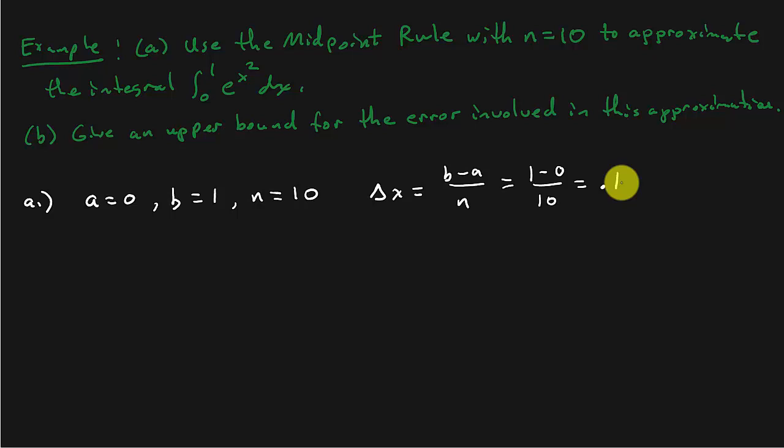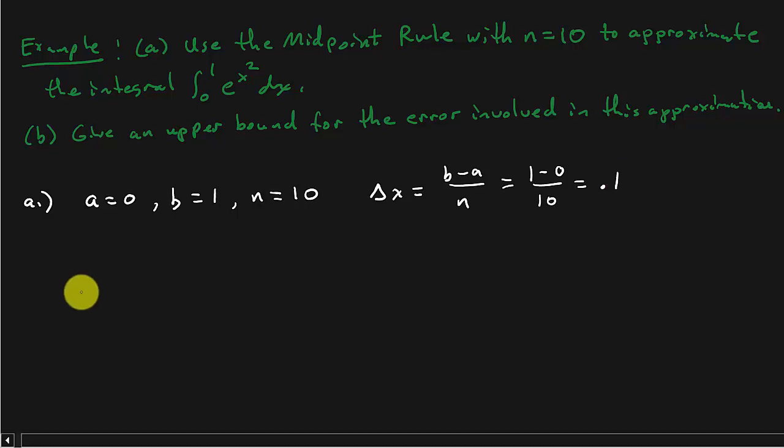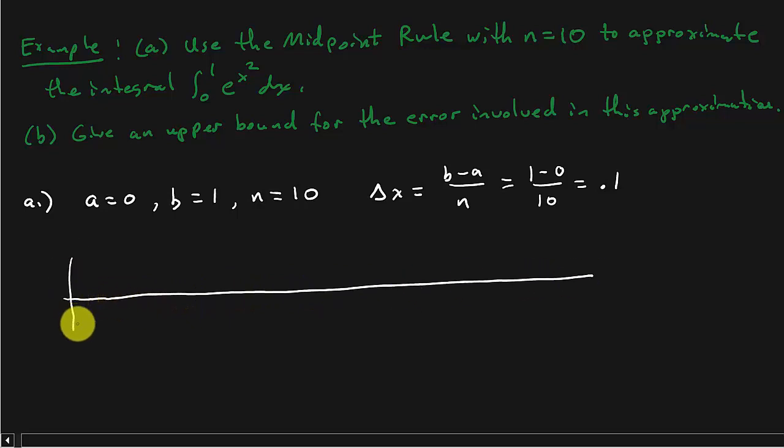Now remember what I told you with the midpoint rule. We need to know the midpoints of each rectangle. Let's look at the number line. We're going from 0 all the way out to 1, and I'm going to have 10 rectangles.